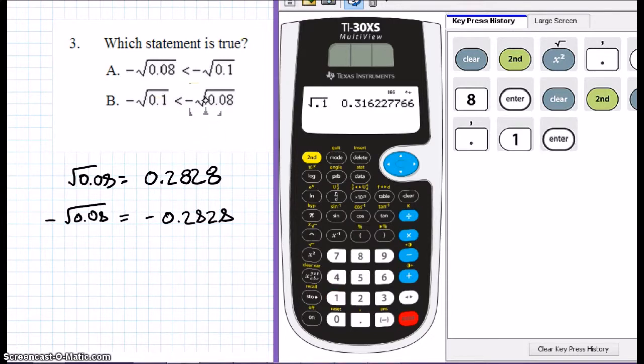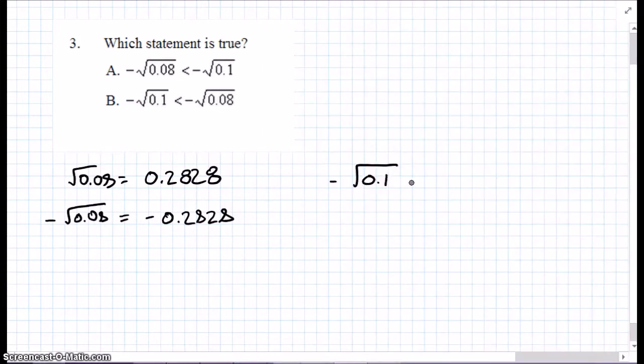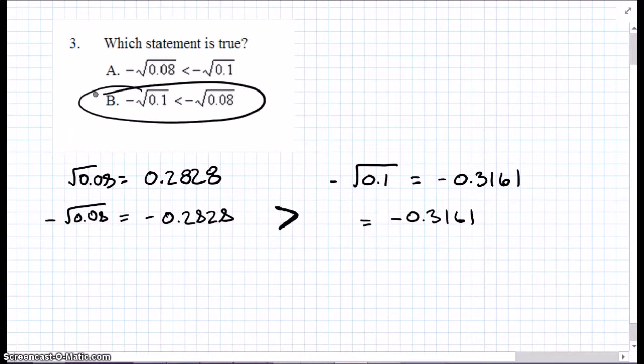We get 0.3162. So which one is closer to 0? Well, the negative 0.28, so we can say that one is greater. So the answer would be B.